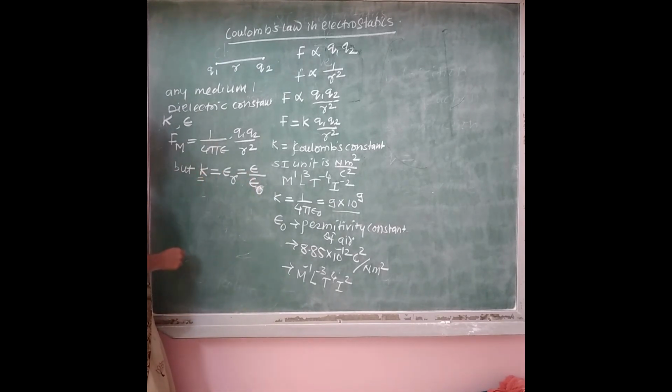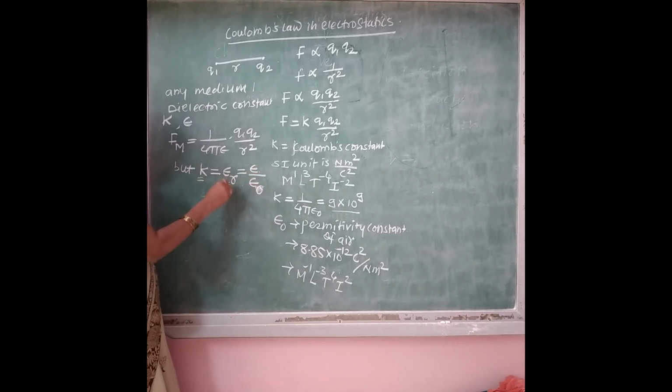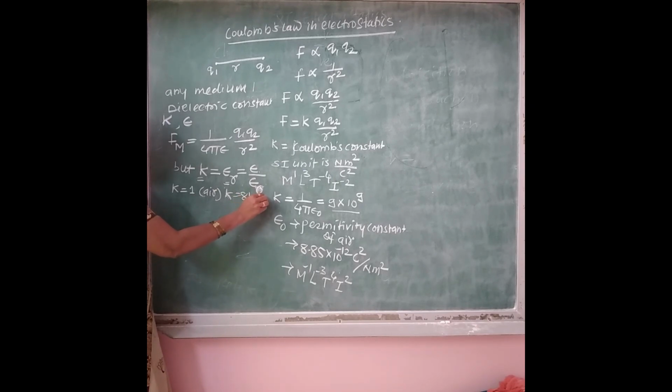Dielectric constant K or relative permittivity is the ratio of permittivity of any medium to permittivity of air or vacuum. It has no unit, no dimension. It is a pure number. Its value is 1 for air, 81 for water, and infinity for metal.